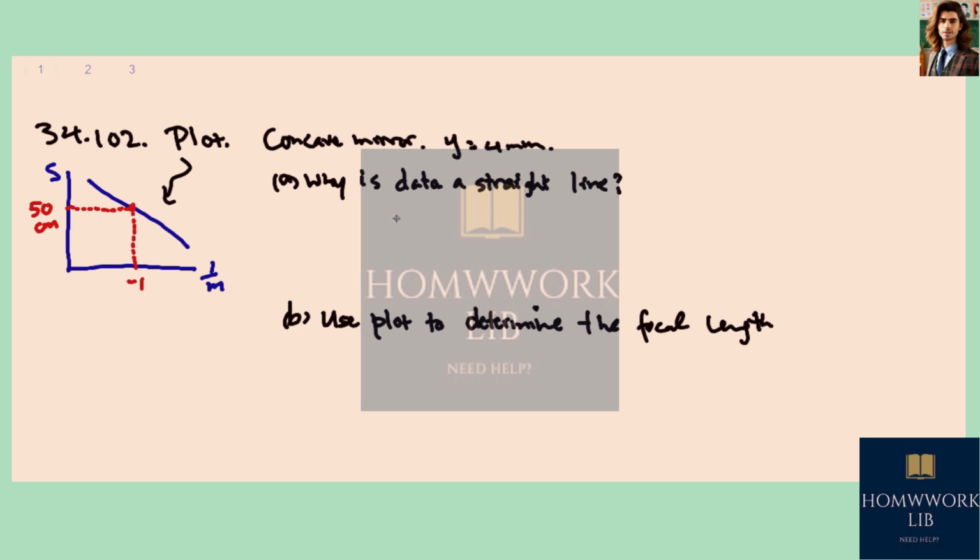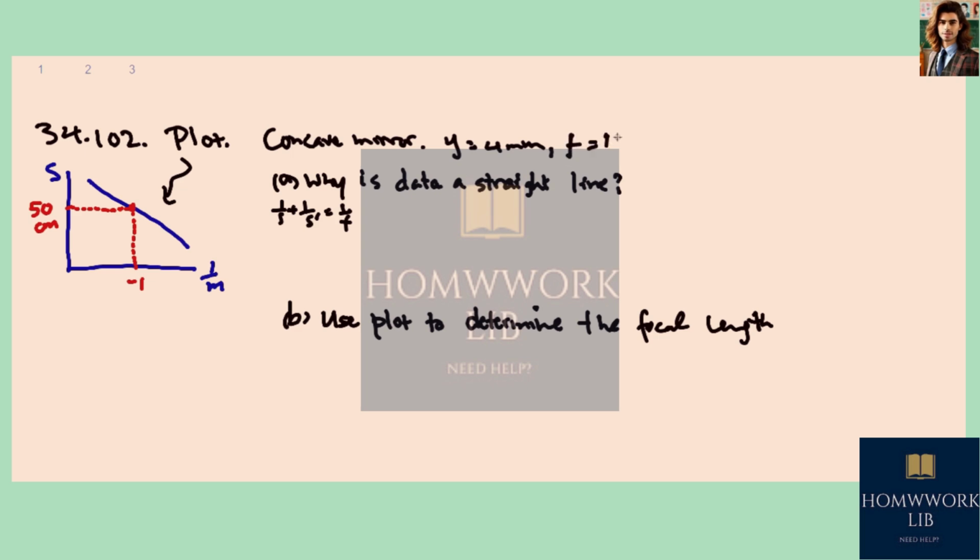And in part A, we're asked why this data is a straight line. So to see why that is the case, let's use 1 over S plus 1 over S prime is equal to 1 over F. Now for your mirror, obviously F, the focal length, is fixed, right?